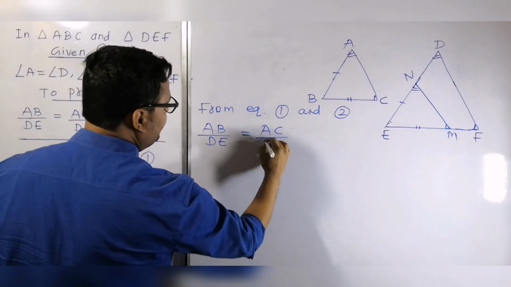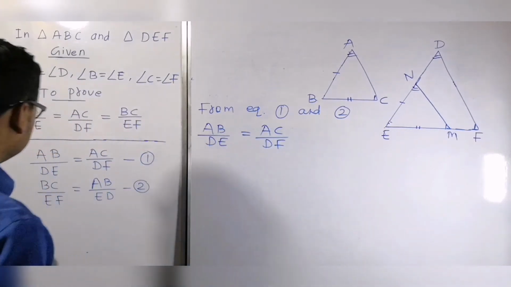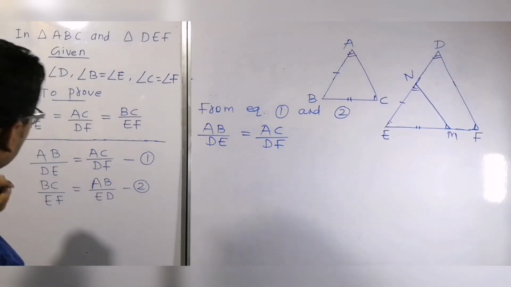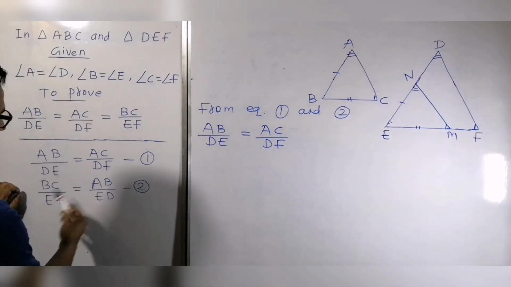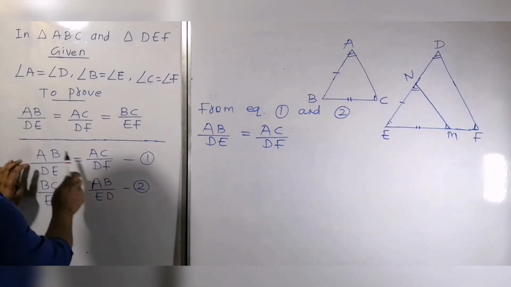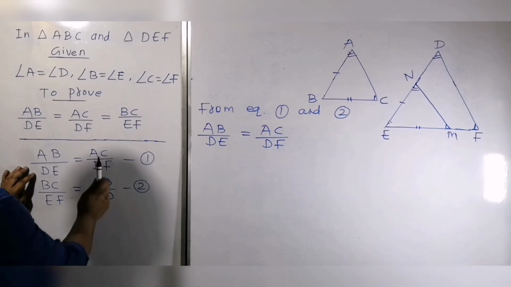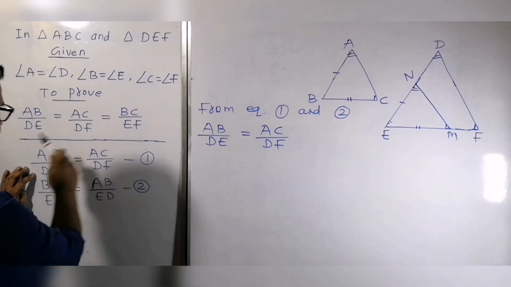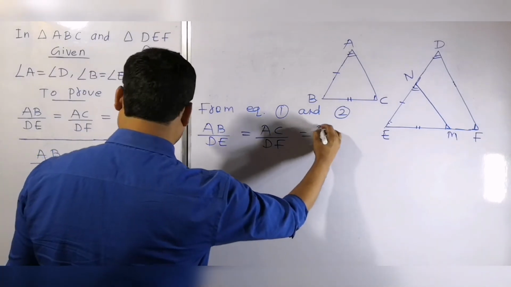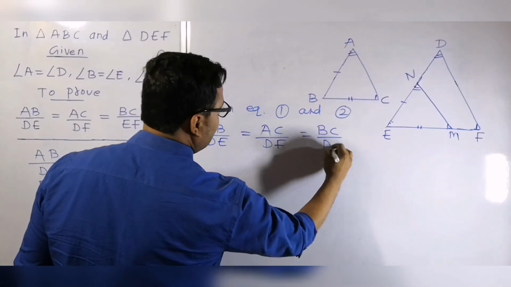Now again this AB by ED or AB by DE, both are the same. There is no difference, DE and ED both are the same. So again AB by DE or AB by ED is equal to BC by EF. So I can again write it as BC by EF.